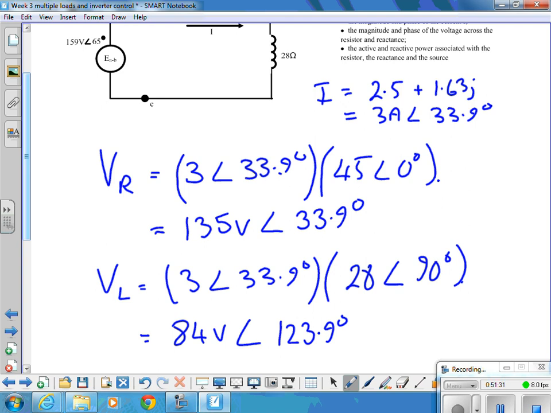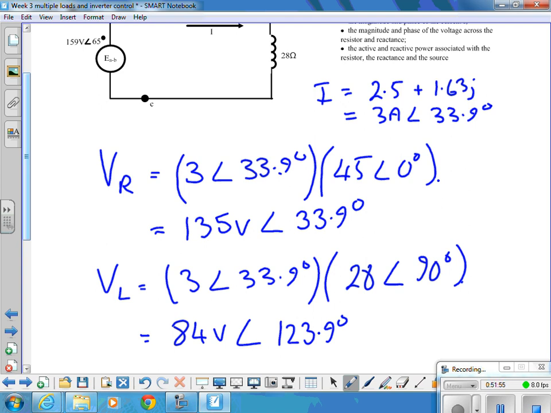So you could equally do them with rectangular versions of the current and impedances. You should still get the same answer. All I would say is, if you can work with the polar ones, you're usually going to want the answer in polar form because it tells you how big the voltage is and what the phase angle is.